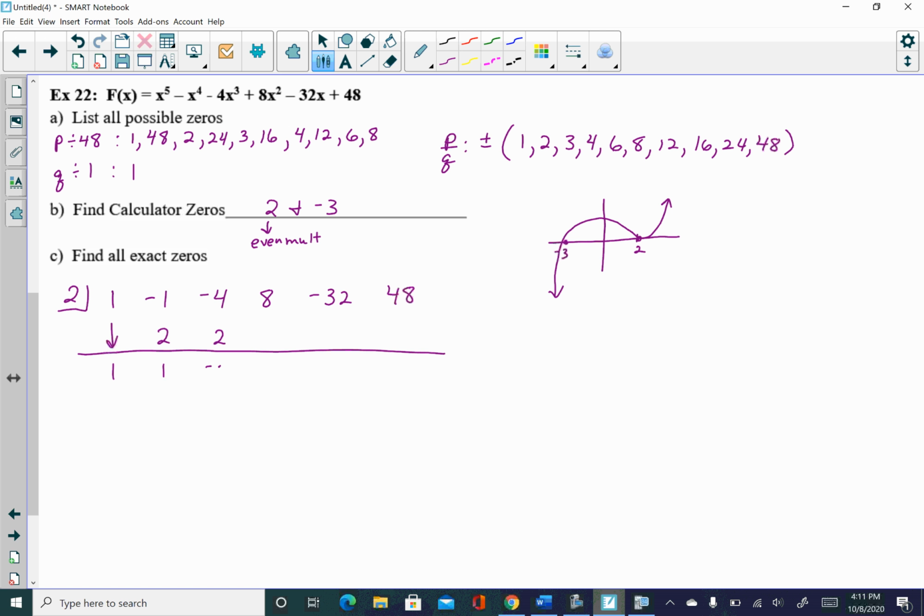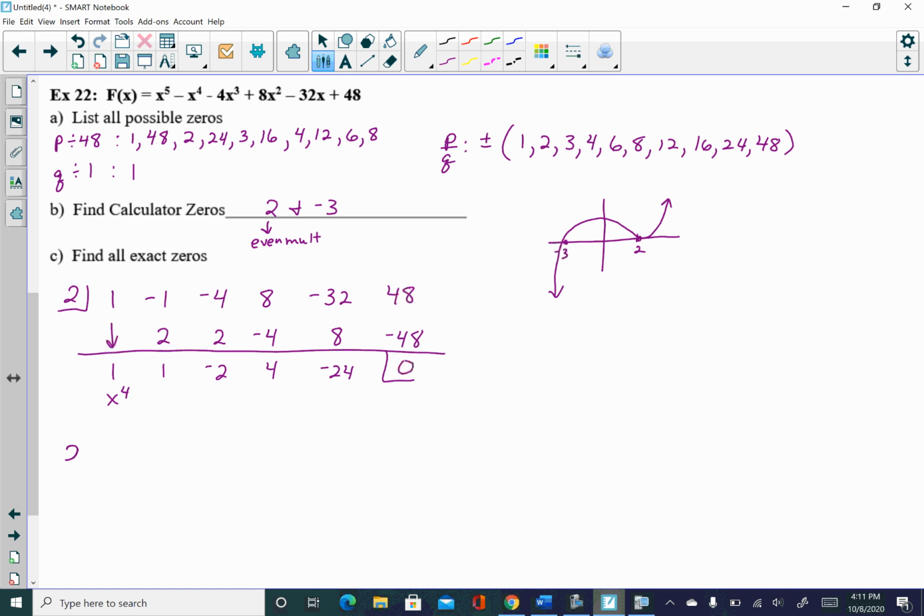Add, -2. 2 times -2, -4. 8 minus 4, 4. 2 times 4, 8. -32 plus 8 will give you -24. 2 times -24, -48. You should always get a remainder of 0. If you found it to be a zero in your calculator, you better get a remainder of 0. Now this is a polynomial of 1 less degree, so you start with x to the 4th now.